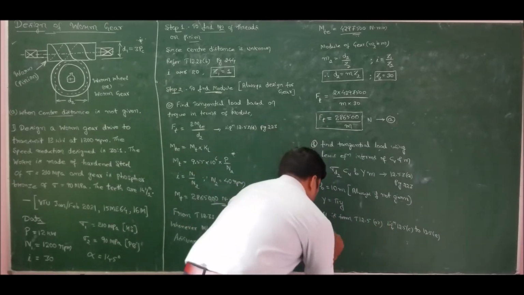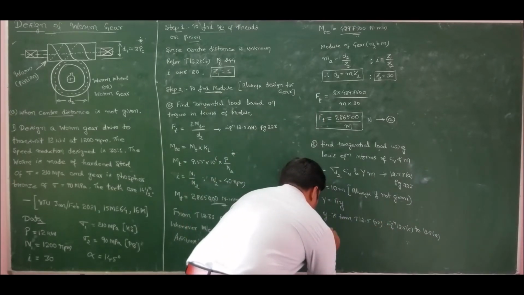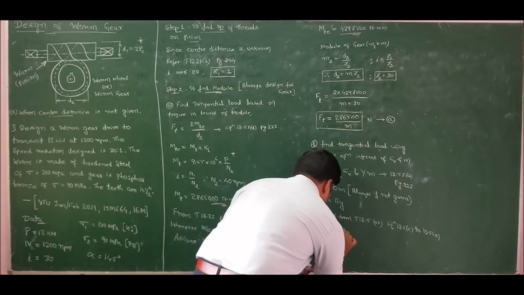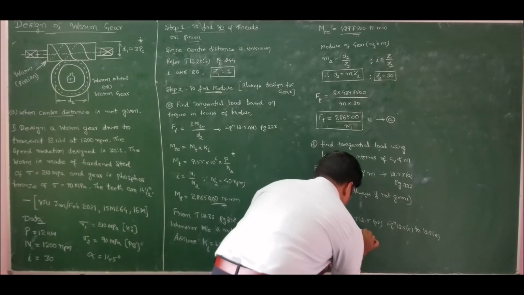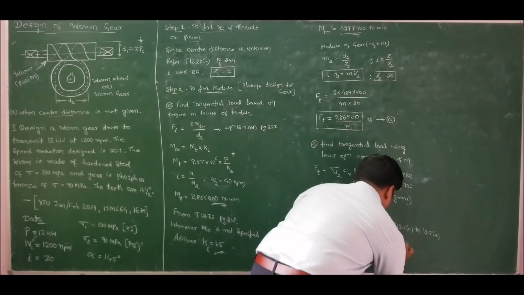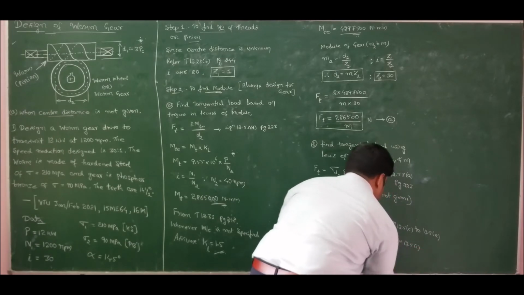So for 14.5 degrees, the Lewis form factor is given by y is equal to 0.124 minus 0.684 by Z2. This is for 14.5 degrees from equation 12.5c.